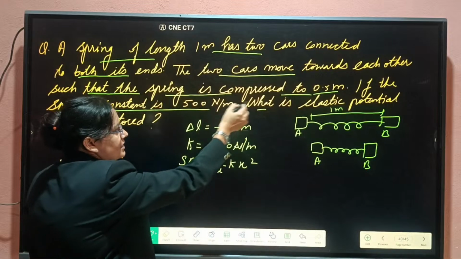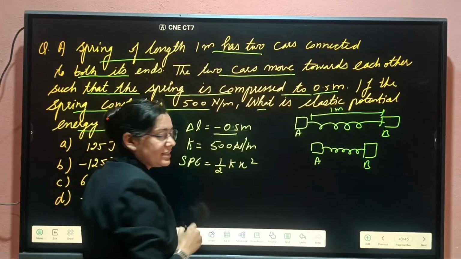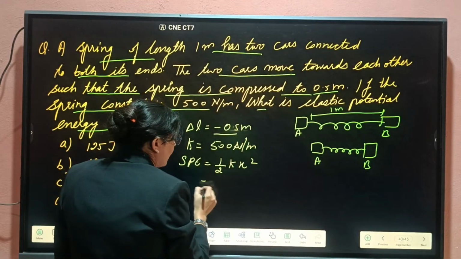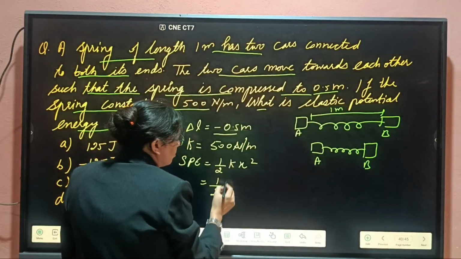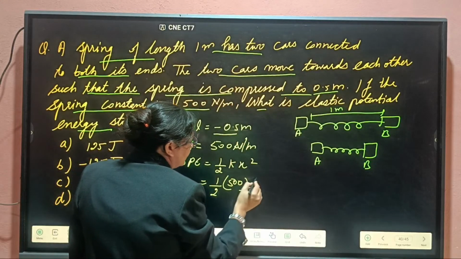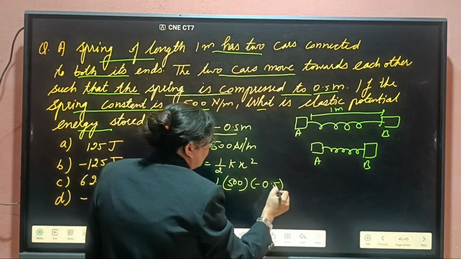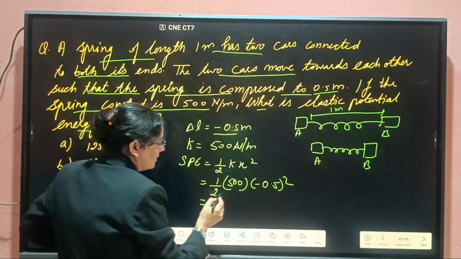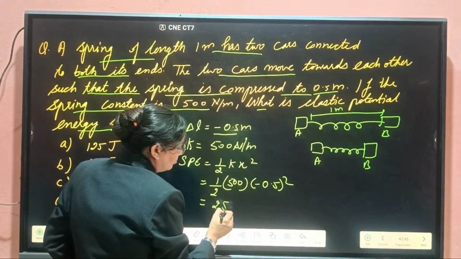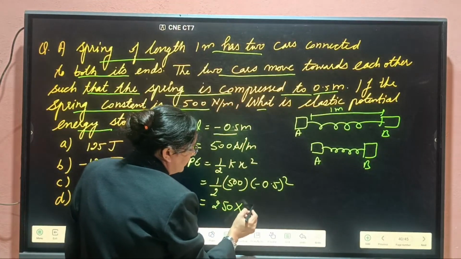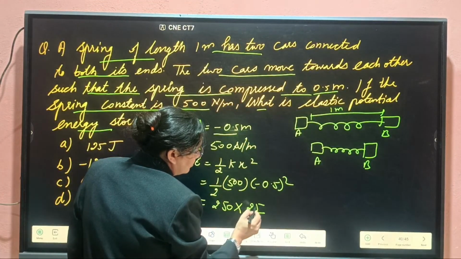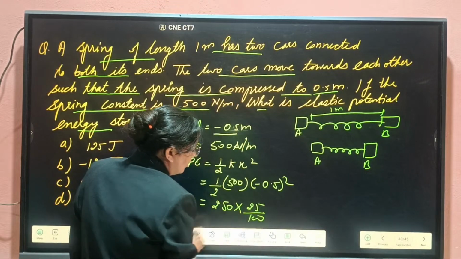So here compressing this one spring, so it will be minus 0.5 meter. We are putting here value 1 by 2, spring constant given here 500, then it will be your minus 0.5 square. So solve this one, then it will give us 250 into your 25 by your 100.